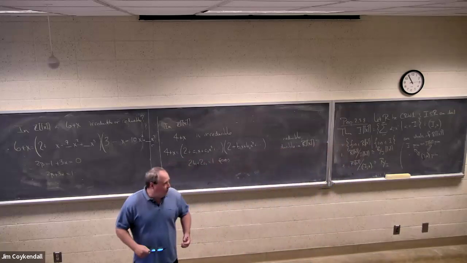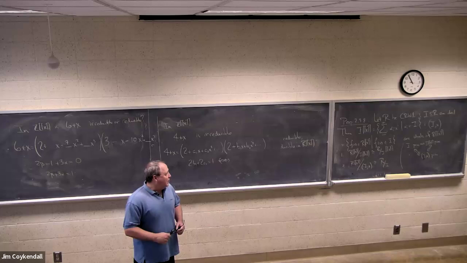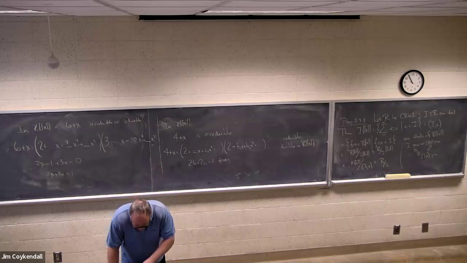And again, as before, if I is maximal, then I comma x is maximal, just like we had with polynomials.